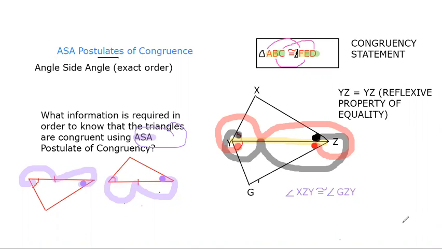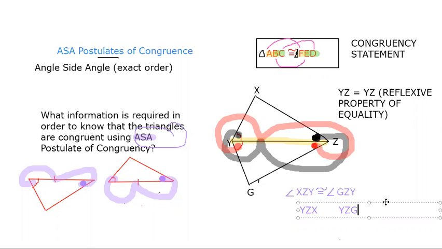Now, it's important to know that we might also name angle XZY. It could also be named angle YZX because you don't have to name the angle in any proper order. And it also could be named YZG. So for an angle, that middle letter showing the vertex is the important part.